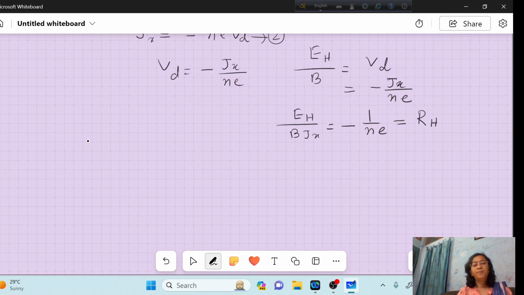For a p type semiconductor, RH will be 1 by P e, because for p type, holes are the majority charge carriers. Thus we can see that the Hall coefficient gives knowledge of the charge carriers.